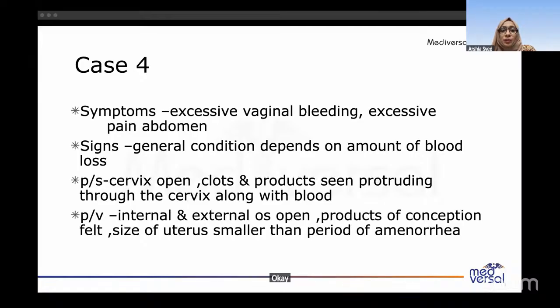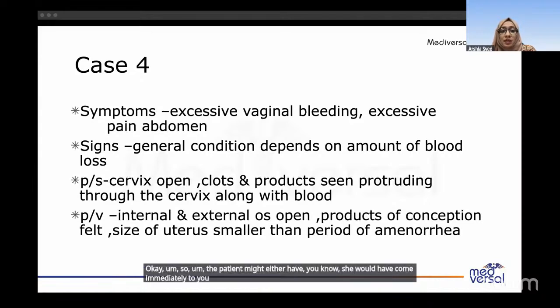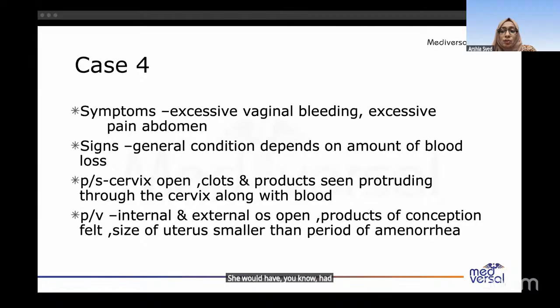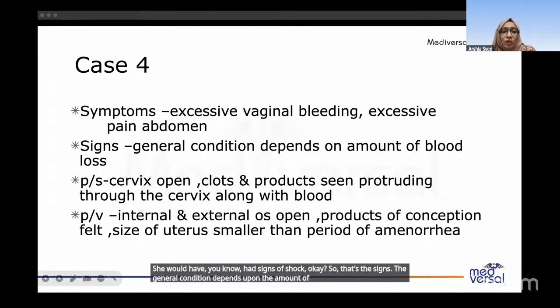The patient might have come immediately to you, so that means her vitals will be stable. But if there has been a delay in her arrival to you, she would have had signs of shock. The general condition depends upon the amount of blood loss.